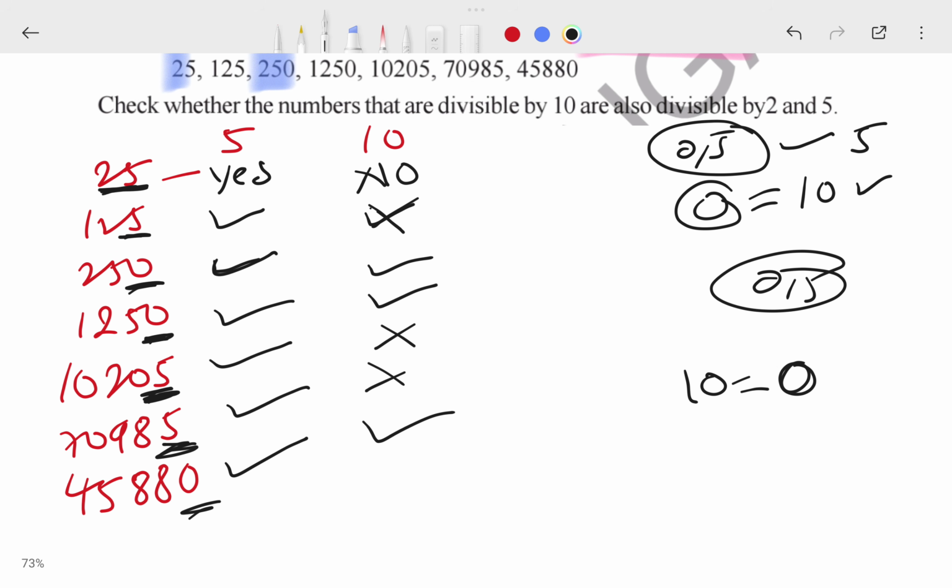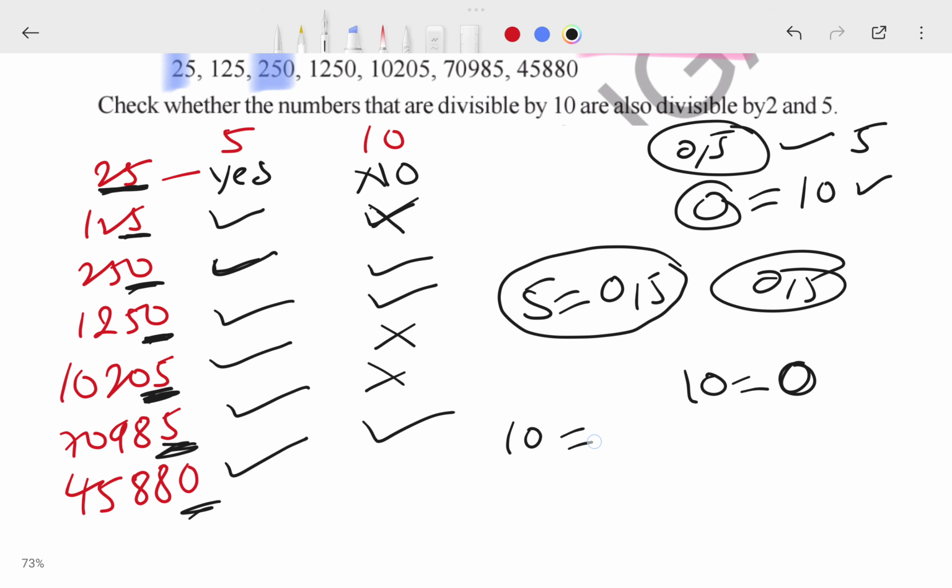Okay? So what is the rule of divisibility? How can you check whether any number is divisible by 5 or not? Just see the end of the number. If it is 0 or 5, then it is going to be divided by 5. How do you check whether a number is going to be divided by 10 or not? Just see the last digit. If it is 0, then it is going to be divided by 10. So if you see here, this is divided by 10.